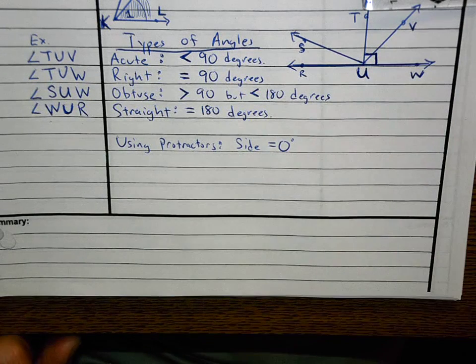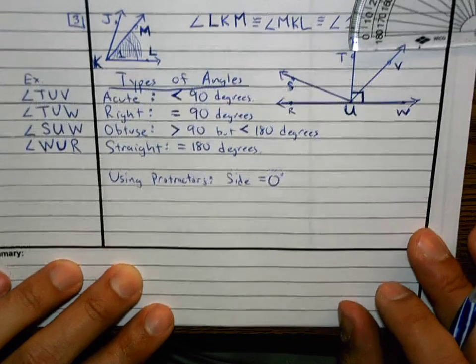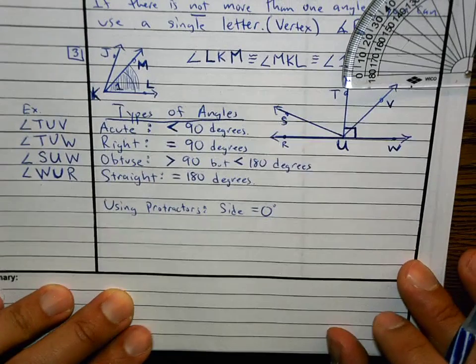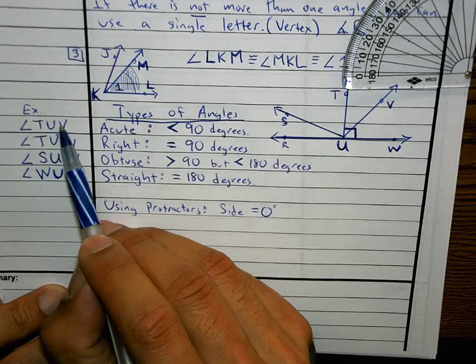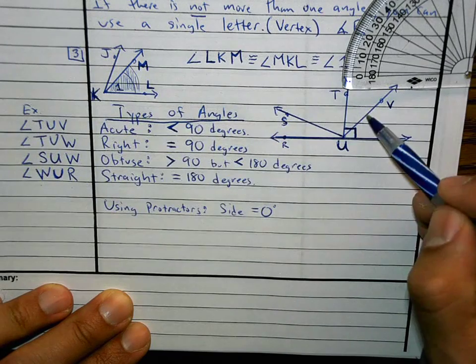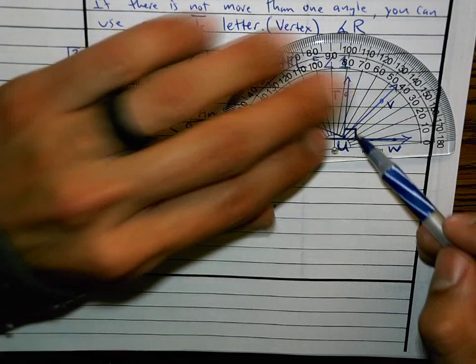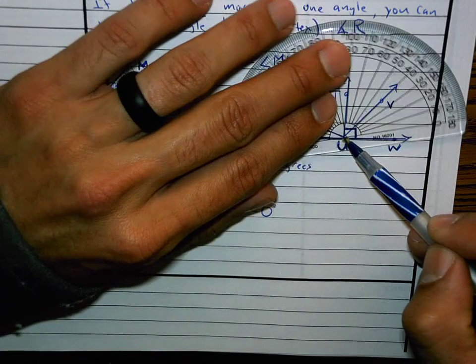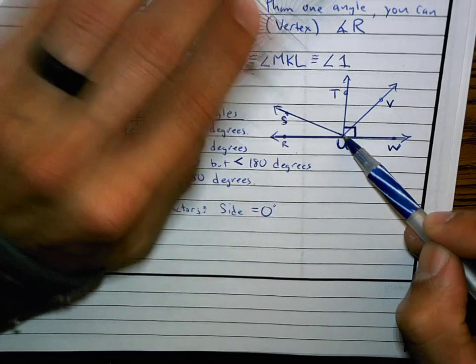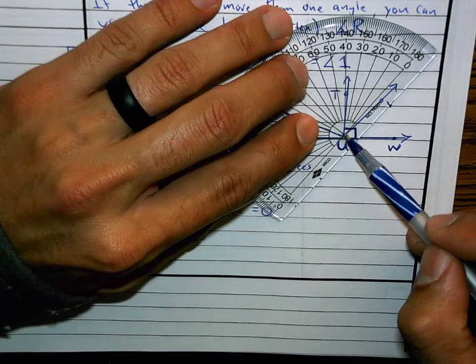Let me show you what I mean. If I were to actually measure this angle TUV, the way you measure angle TUV is you put this little dot on the vertex. That's where this little hole goes.